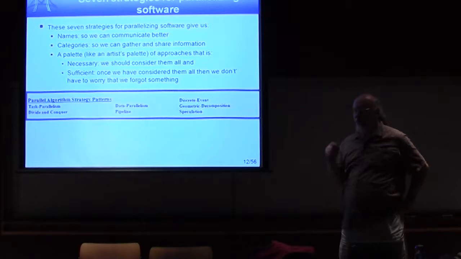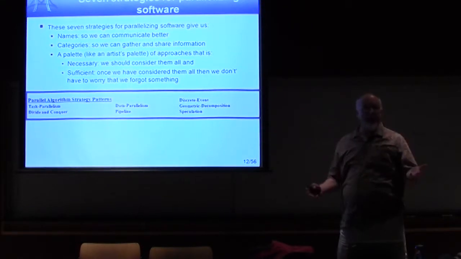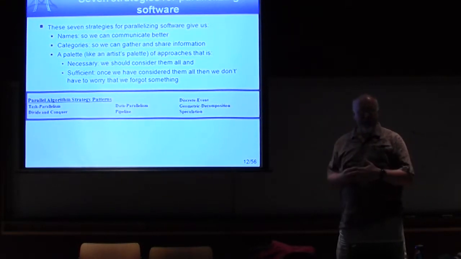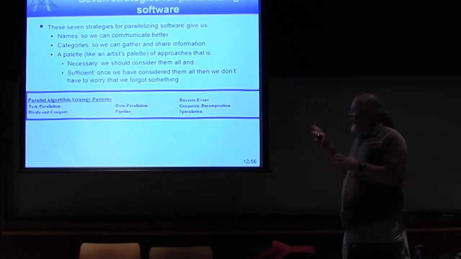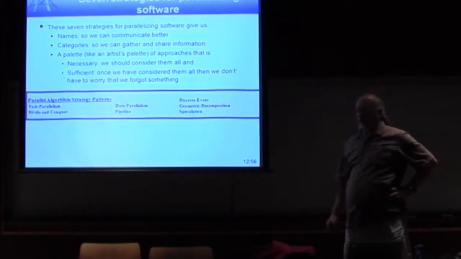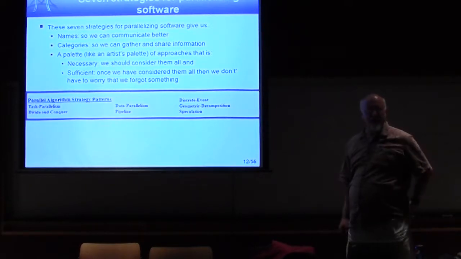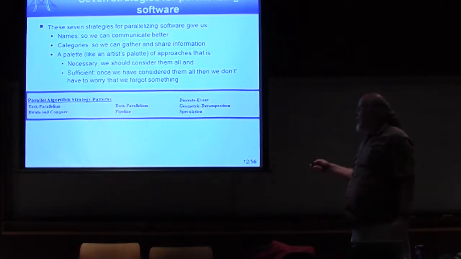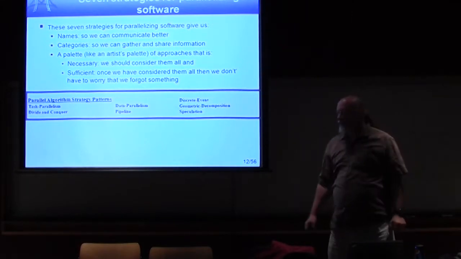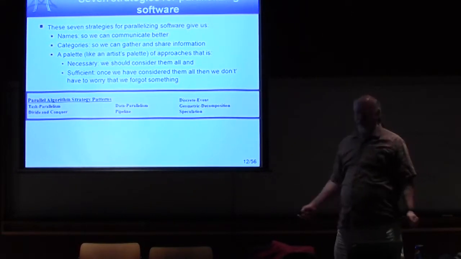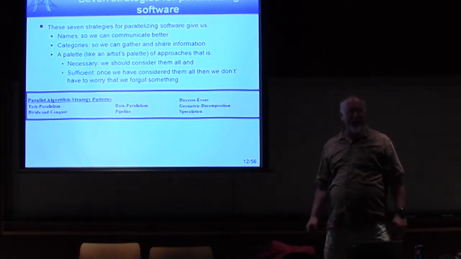Now, in particular here, we make a stronger statement than they do in the Gang of Four book. They say these are really nice things to do in object-oriented programming. We say this is all the patterns you ever need to worry about if you want to parallelize software. Okay, so that does two things. It's necessary because, well, look, if there's 7, you don't really have an excuse not to consider them all.